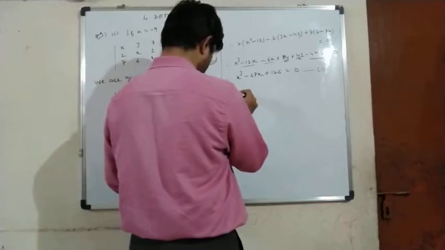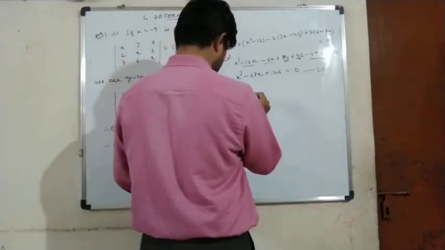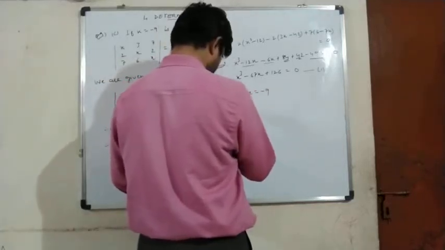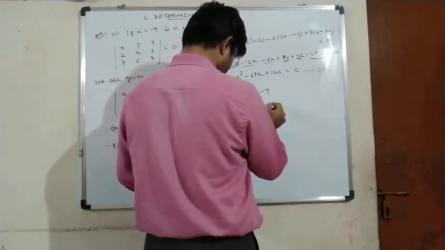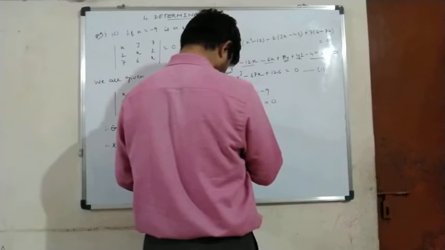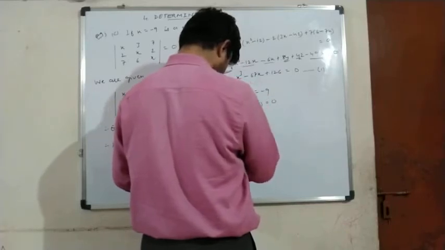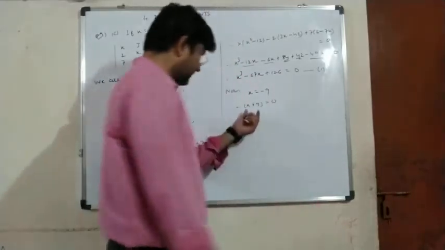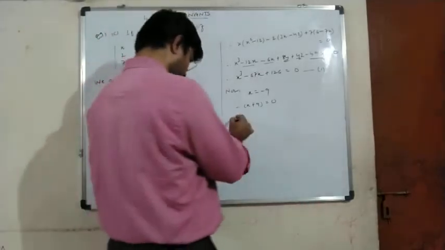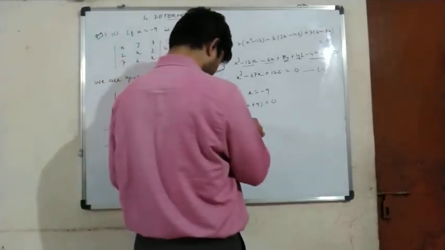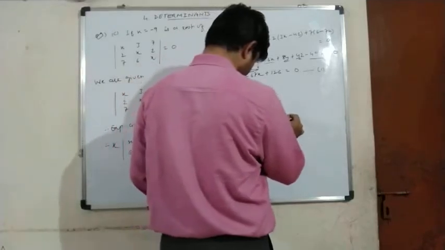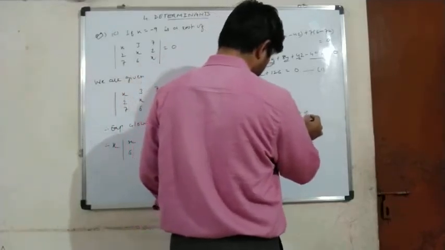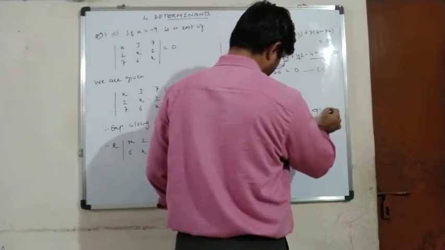Now it is given that x is equal to minus 9, therefore x plus 9 is equal to 0, and therefore x plus 9 is a factor, yes or no? Therefore x plus 9 is a factor of equation 1.